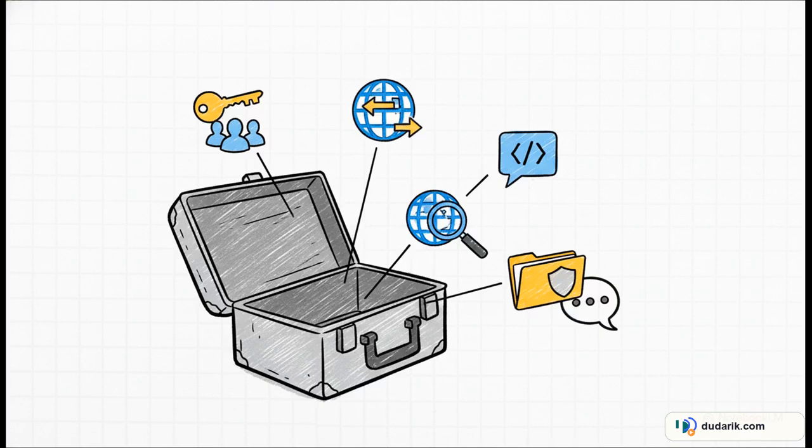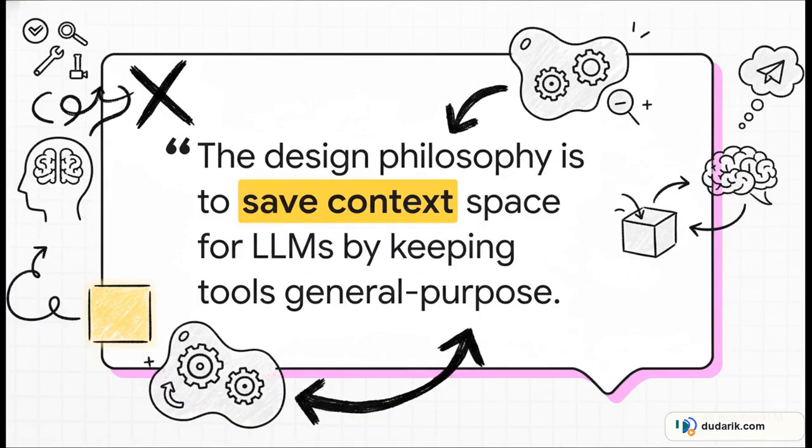It's designed from the ground up to be tough and powerful. And here's what's so smart about it. This whole thing is designed with AI efficiency in mind. The core idea here is to save that precious context space for the large language model. See, the key insight is that instead of giving the AI 100 different super specific tools, it's way more efficient to give it just a few powerful general purpose ones. It's just so much easier for the LLM to understand and use effectively.